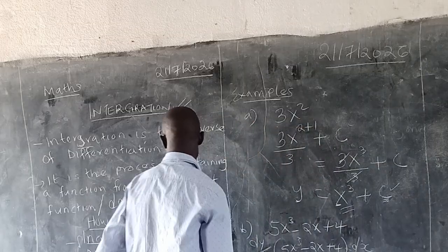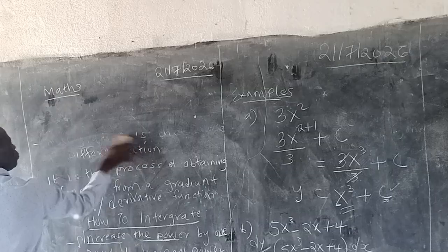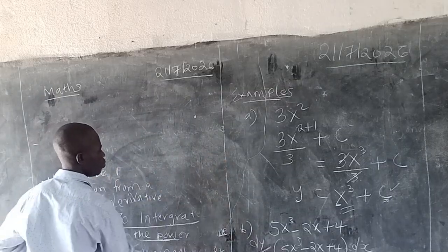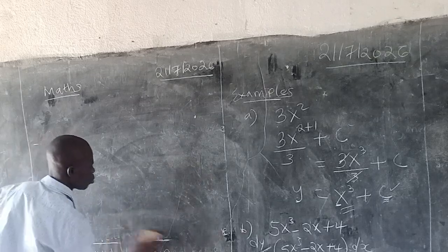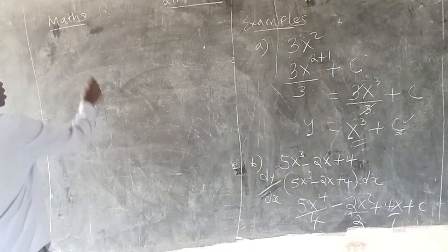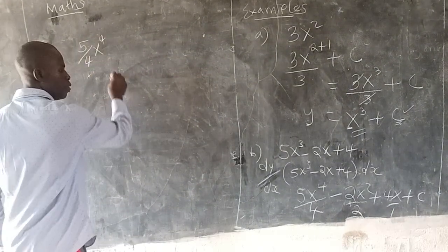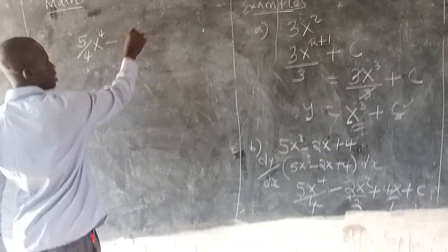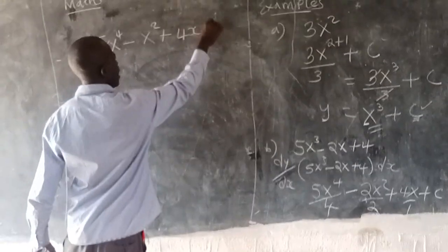This becomes our equation. So given that, it becomes 5 over 4 x raised to 4 minus x squared plus 4x plus c.